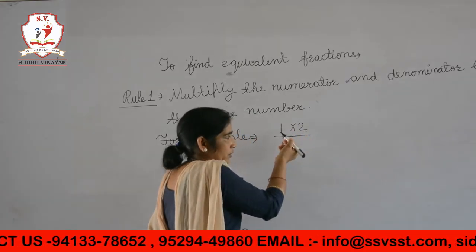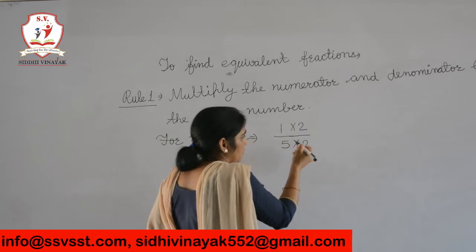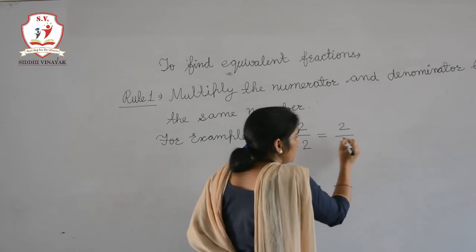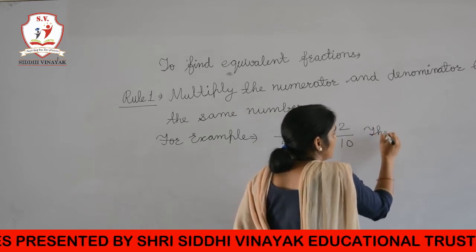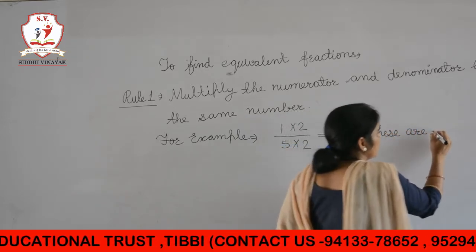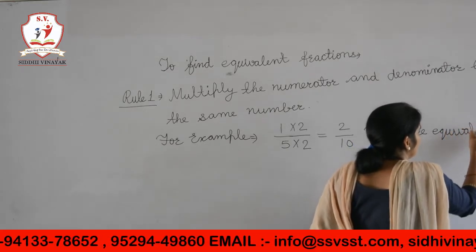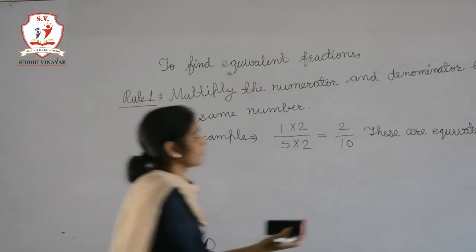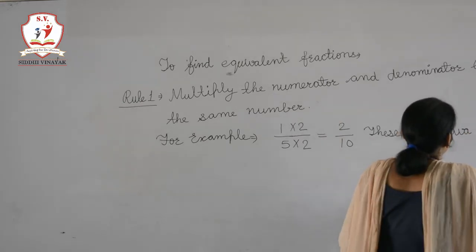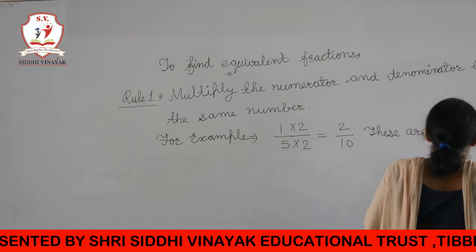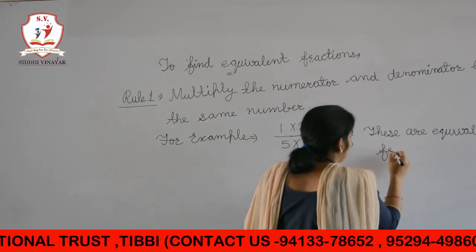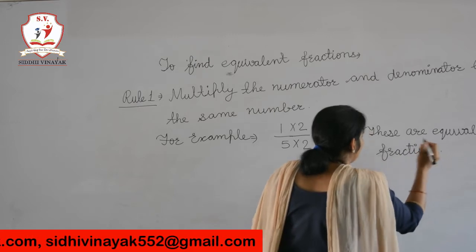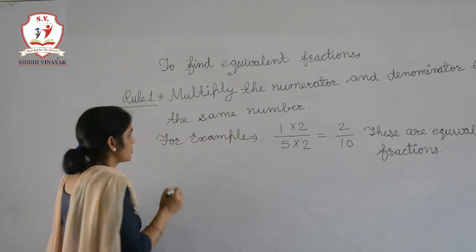We multiply by 2. 2 ones are 2, 2 fives are 10. These are equivalent fractions.